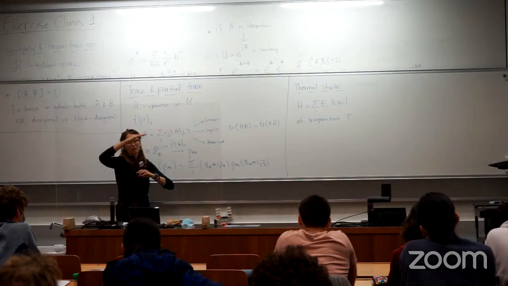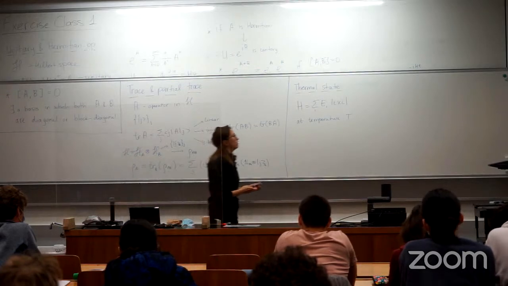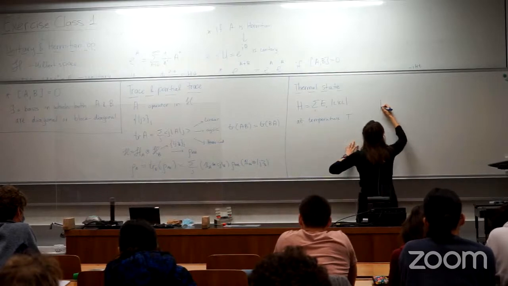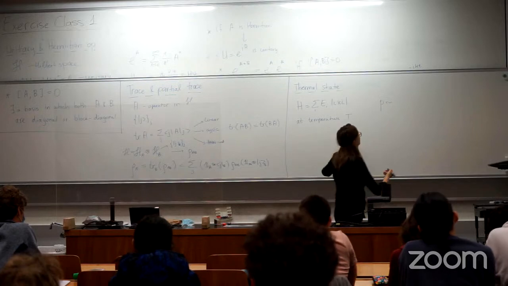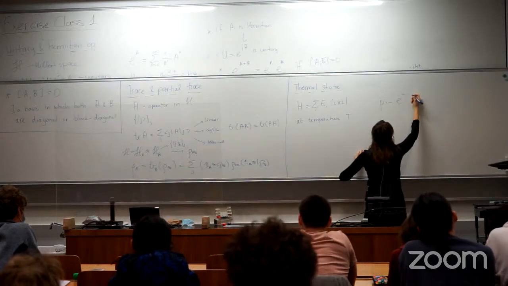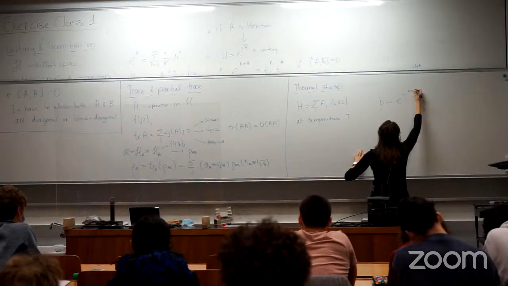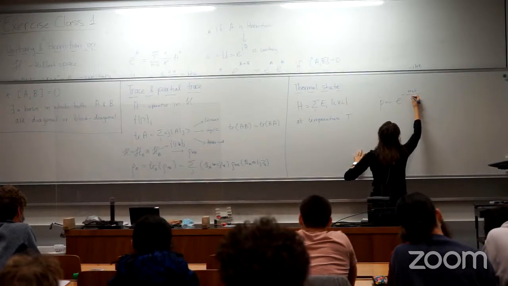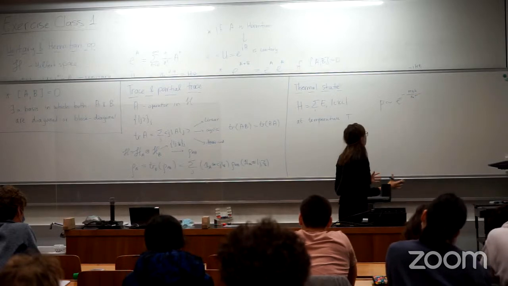So the probability, for example, to find a particle at the height h would be proportional to e to the power minus mgh over k_B T, where h is the height.